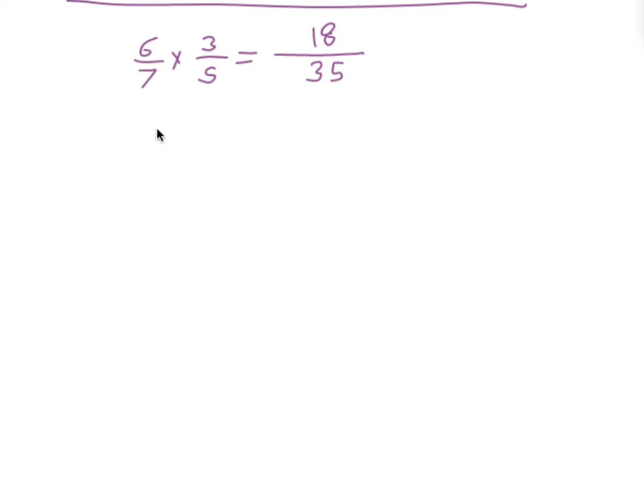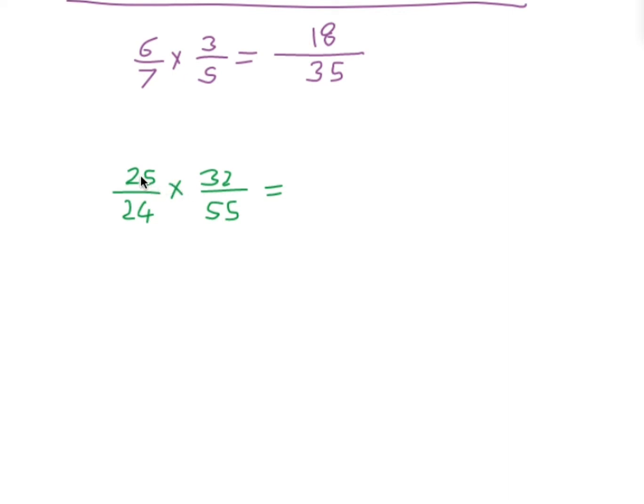Now for example, the other question is 25 upon 24 multiplied by 32 upon 55. We can easily see some common factors. You can reduce vertically or diagonally, whatever is possible.